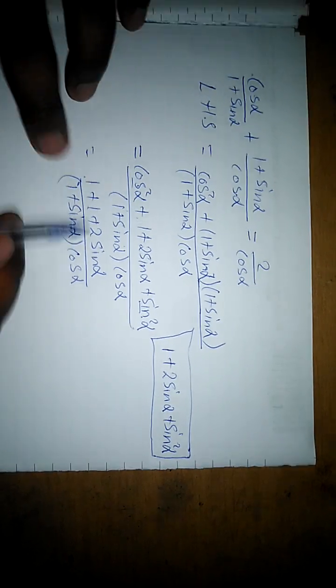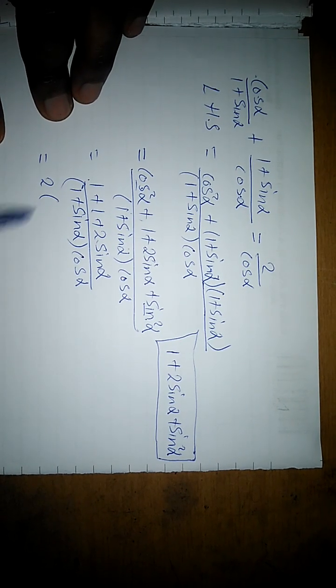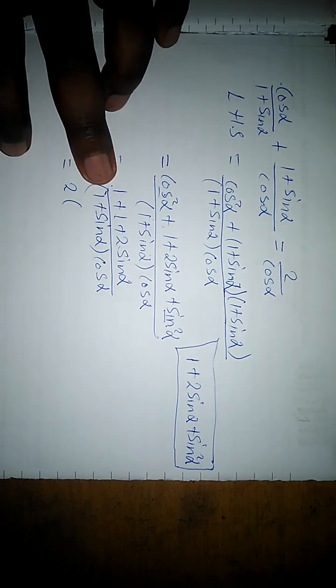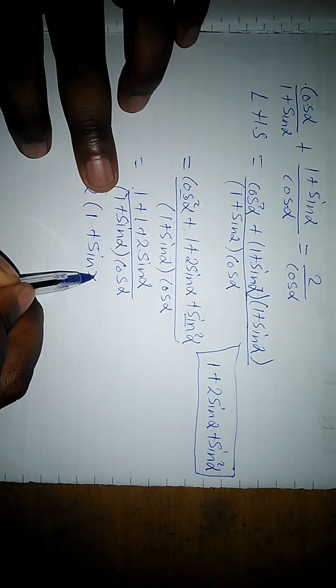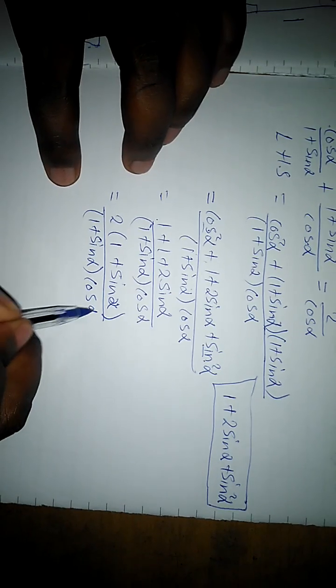So this is 2. That means I will take out the common factor. What is the common factor? It is 2, open bracket, because this is 2. So I will have 1 plus sine of alpha all over 1 plus sine alpha cos alpha. This and this go. That means I will have 2 over cos alpha. Therefore, my left hand side is equal to my right hand side.